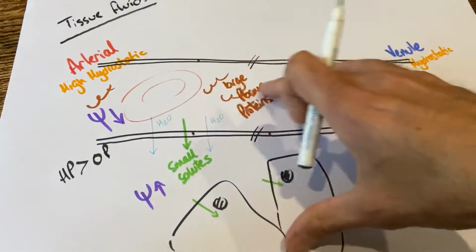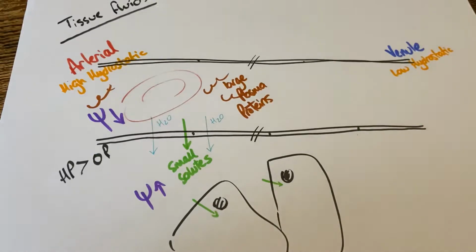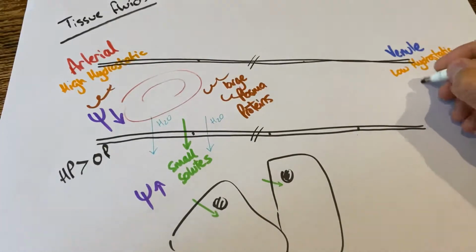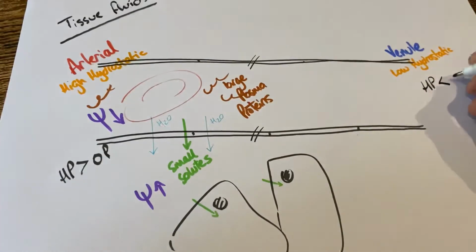So then if I take you down to the venule end that we have down here, and as I've said earlier on, we've got a lower hydrostatic pressure. In fact, our hydrostatic pressure is now lower than our osmotic pressure.